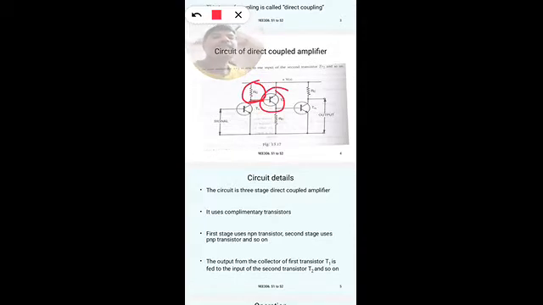Due to the transistor action, this amplified output coming from the collector load of transistor T1 gets amplified by the transistor T2, and the amplified output is obtained at the collector load of the transistor T2.